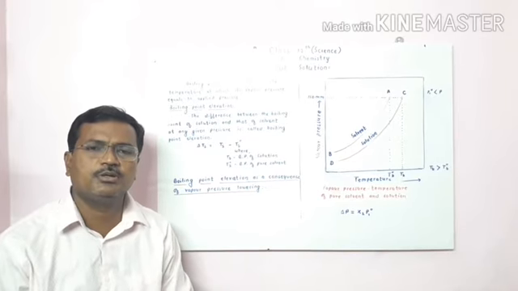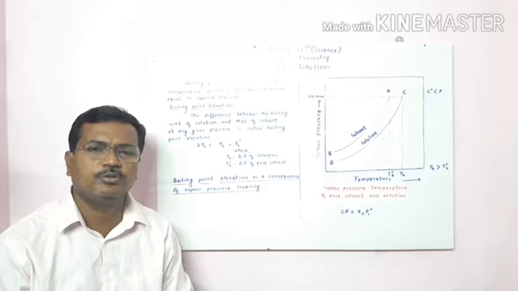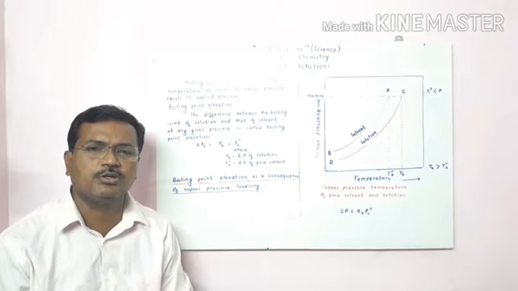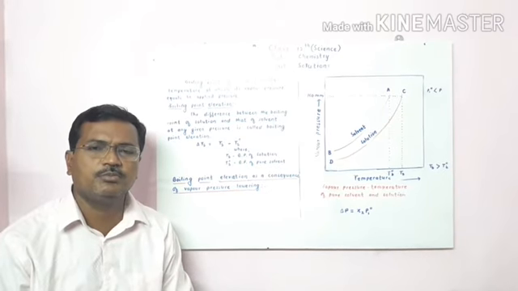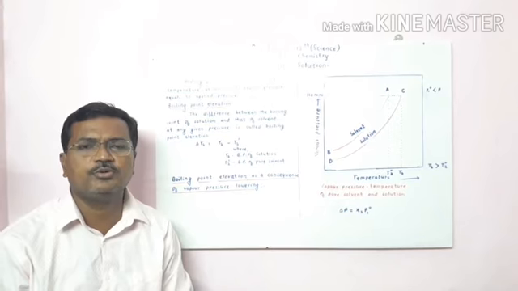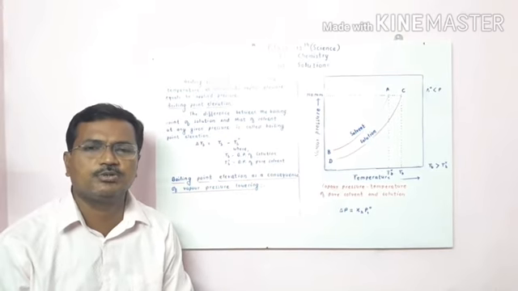For example, we know that the boiling point of pure water is 100 degrees Celsius. If we add a non-volatile solute like sodium chloride, that means common salt, in it, then it becomes a salt solution. Now heat that solution again until it starts to boil. Now measure the temperature of this solution.